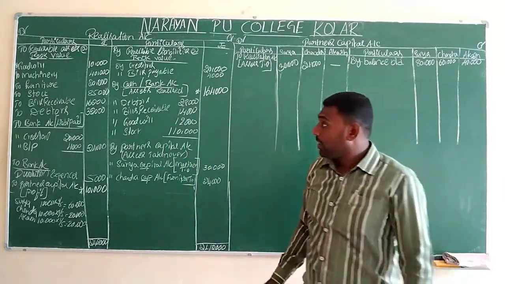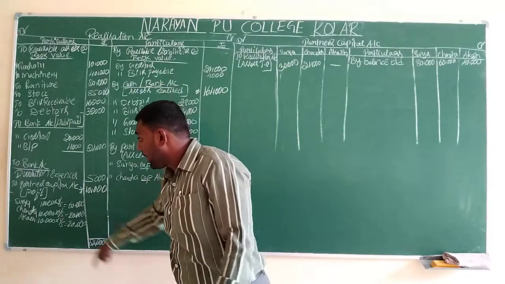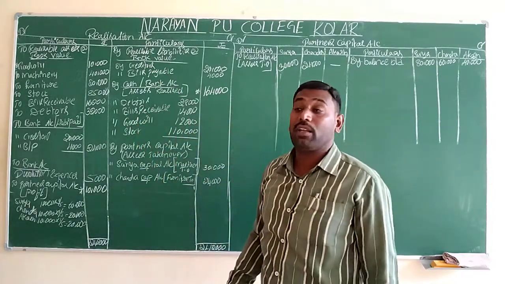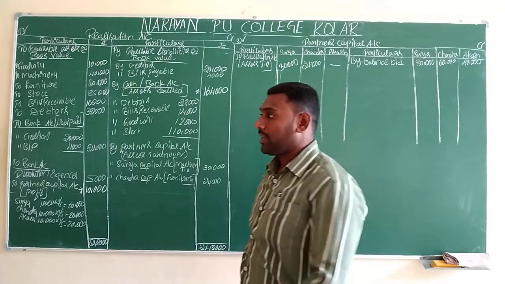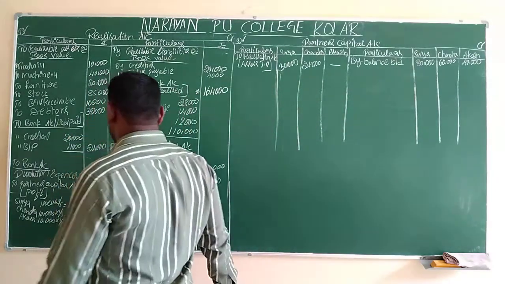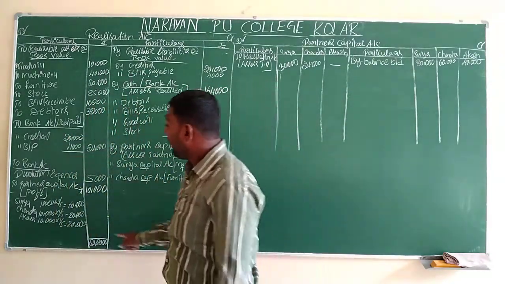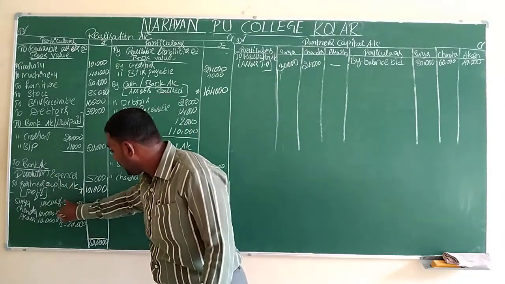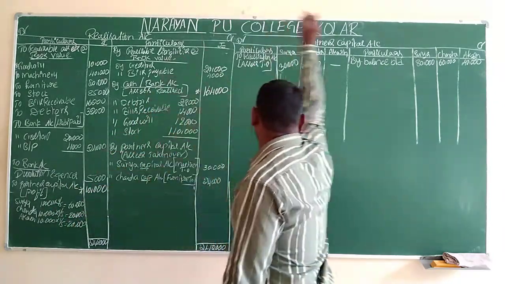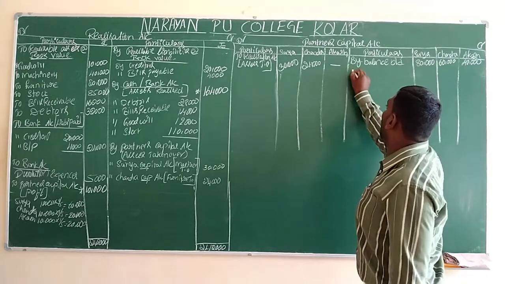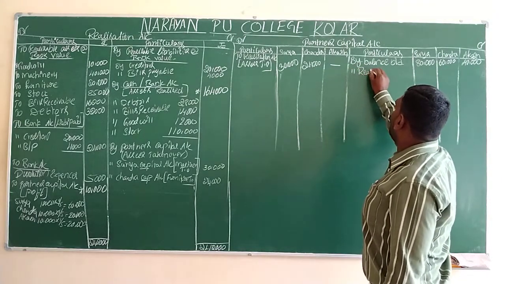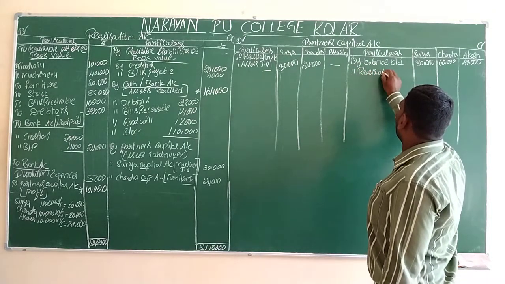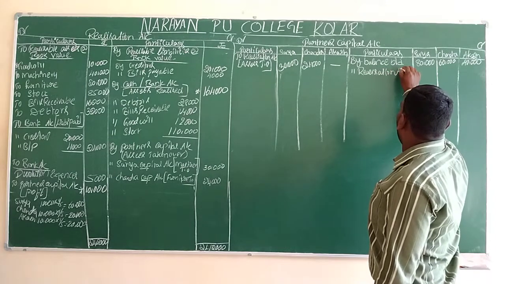Next, go through this account again. Here again we have to write the partners capital account, on the debit side. What is that? Profit. Profit always comes to the credit side of the next account, by realization account.